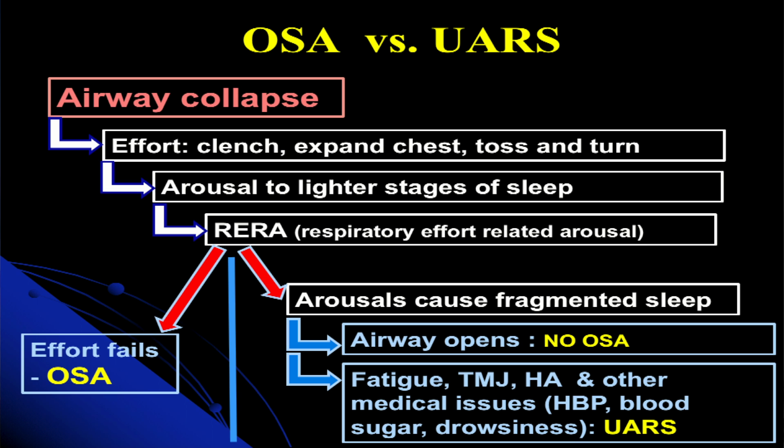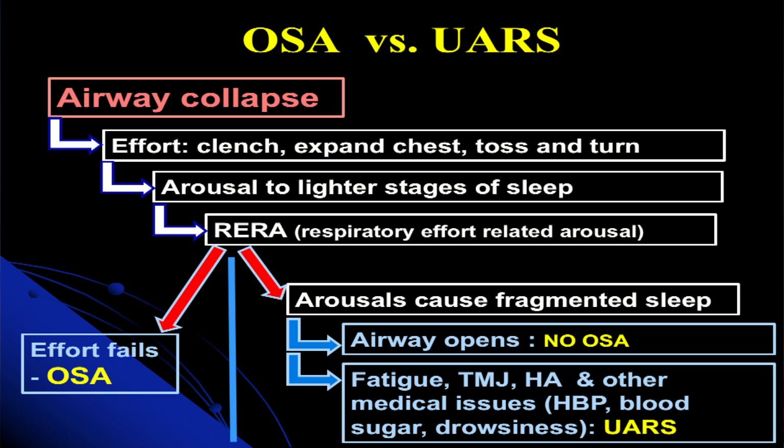When the airway starts to collapse, there is a reflex mechanism that signals to the brain, hey, your airway's collapsing. And remember, if you saw the other lecture, it's based on esophageal pressure. Pressure's dropping, the airway's collapsing, do something, and the brain says, okay, I'm going to put forth effort. I'm going to clench to bring the tongue forward. I'm going to expand the chest at greater force. I'm going to toss, I'm going to turn.